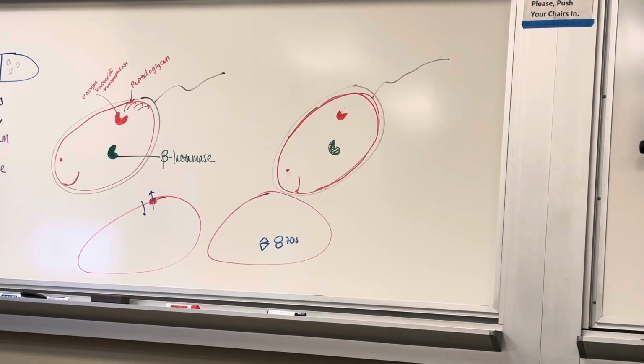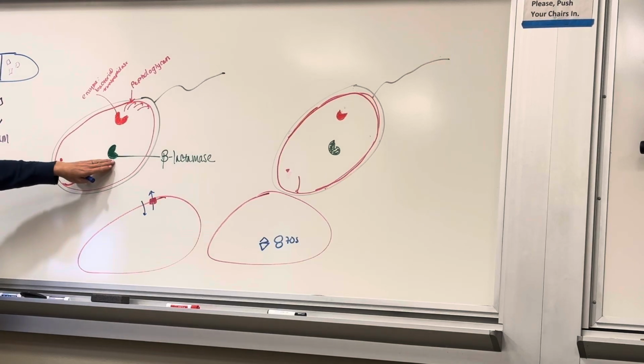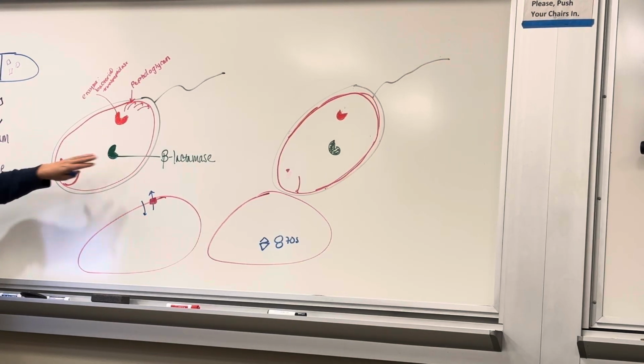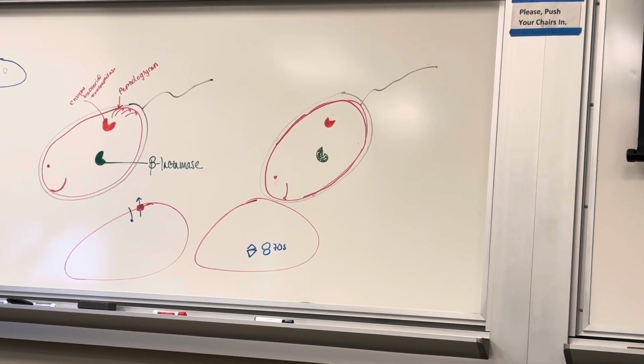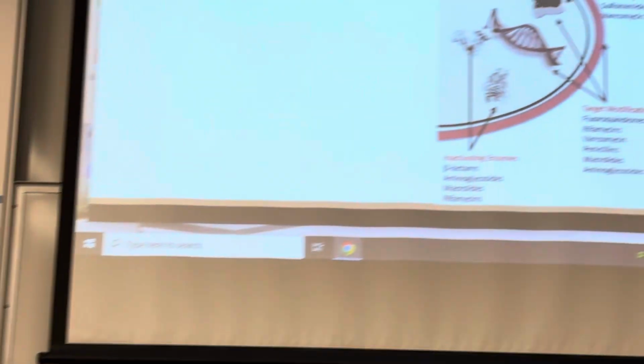So that's target modification. Inactivating enzymes, so that's what this is. It's an enzyme that inactivates. So immunity and bypass, what it's doing is basically creating like a, I'm trying to think of a good analogy.